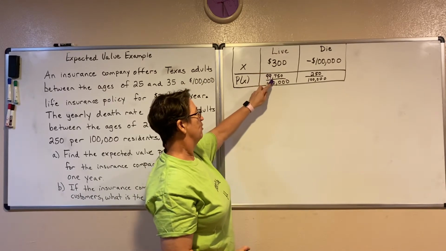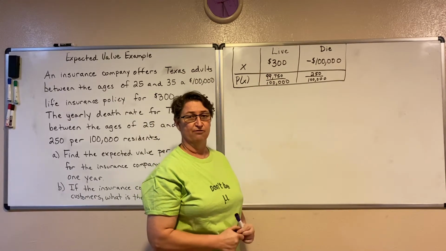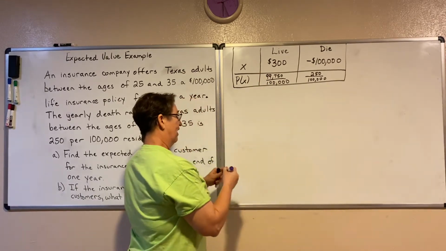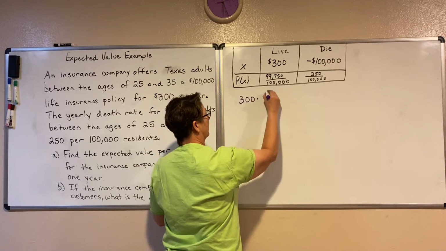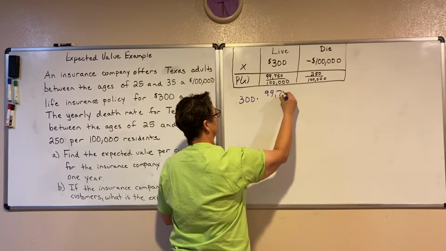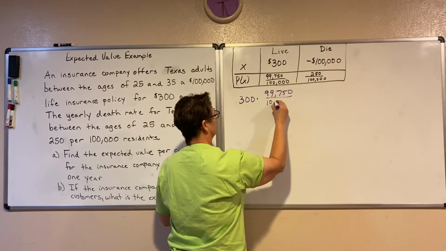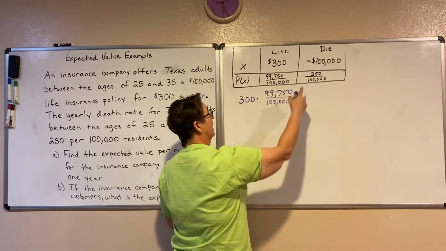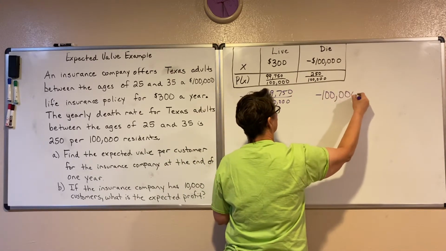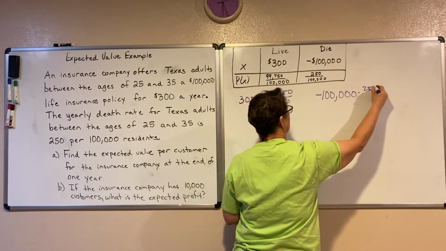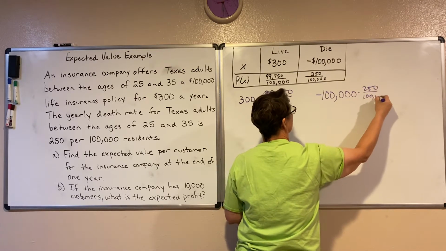So now that I have my probability distribution written, all I do is take my random variable and multiply it times the probability of the outcome. I do that for each one of them. So I'm going to take 300 times that 99,750 over 100,000. And I'm going to take the negative 100,000 and multiply it times the probability that someone dies.